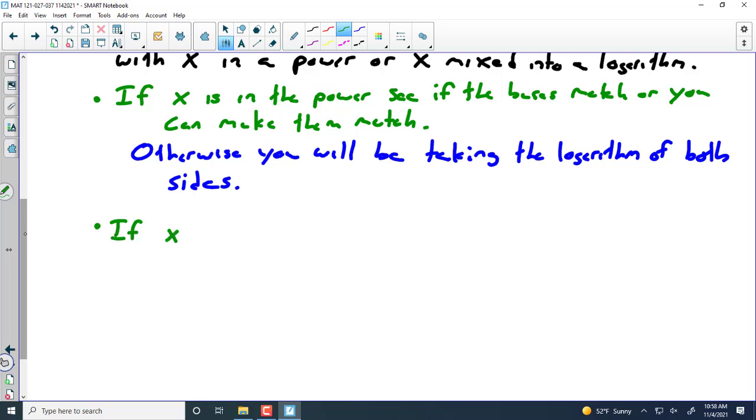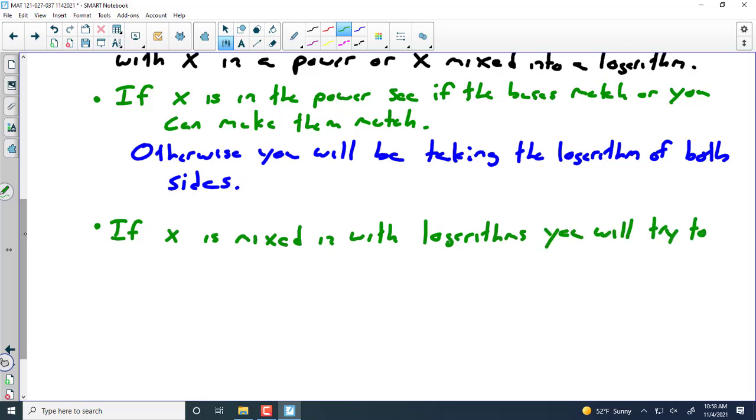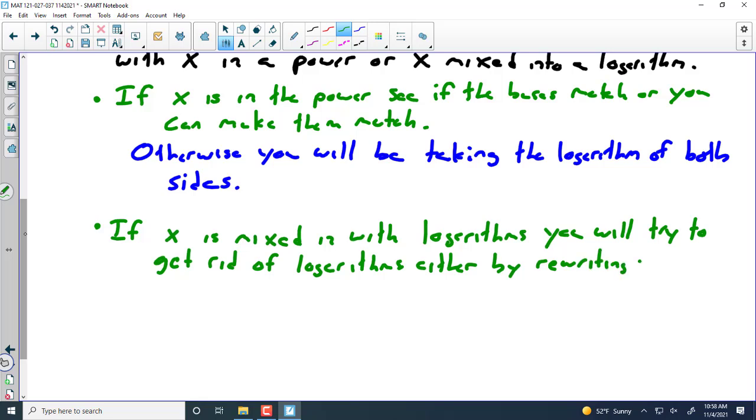If x is mixed in with logarithms, you will try to get rid of logarithms either by rewriting in exponential form or removing them.